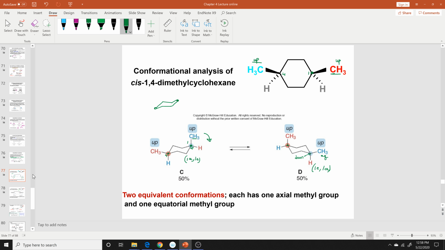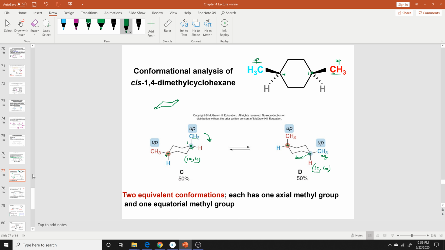You need to check the percent of the axials with respect to the equatorials. The more equatorials you have, the more stable is your isomer. So here I'm having 50% equatorial, 50% axial, and here 50% equatorial, 50% axial. So the equatorial percentage is the same. So this is why I say that the two conformations are equivalent.